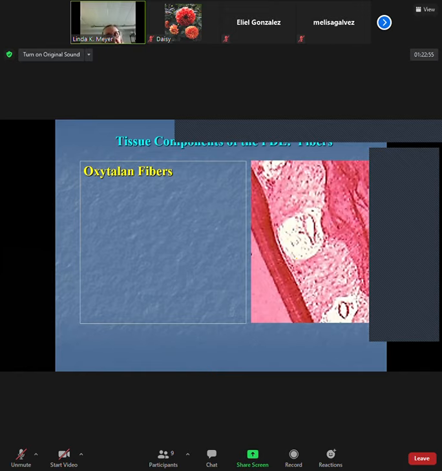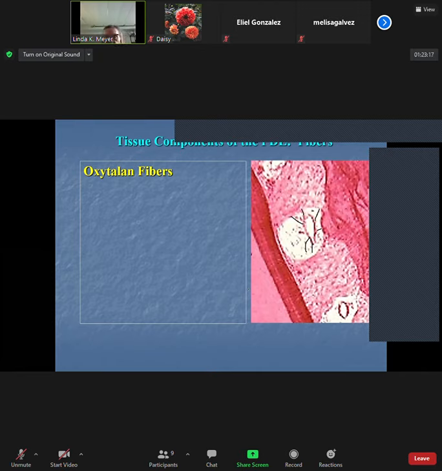Okay, just like the gingival connective tissue, there are also oxytalan fibers in the PDL. You can't see them because of the stains that are required, but I'm just going to draw them in black to represent them.